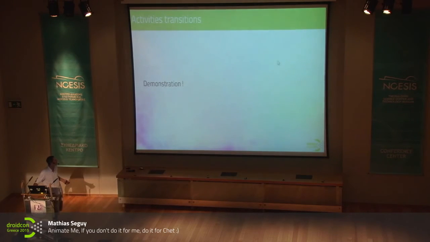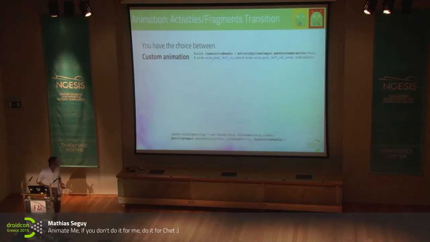So this step can be done easily too. Just before, with the old activity transition, we had a custom animation. We use tween animation. We can use ActivityOptionsCompat to make a custom animation. We give the animation we want in and out, and we say to bundle. It gives us a bundle, and we use ActivityCompat startActivity, and we give the bundle.